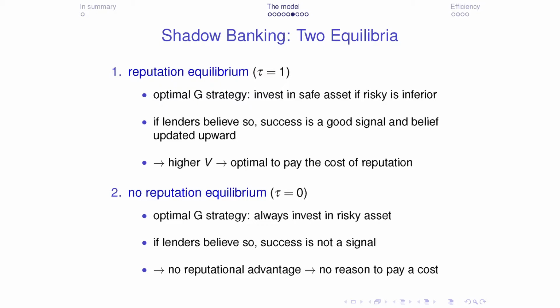In the reputational equilibrium, the good bank chooses to invest in the safe asset if the risky asset is inferior. This means that the lenders know that the good bank has a higher probability of success, because the bad bank takes more risk, so has a higher probability of failure. So if the lender observes success, they update upward the belief that the bank is a good bank.